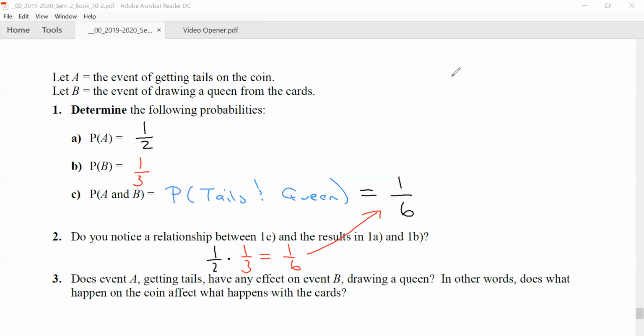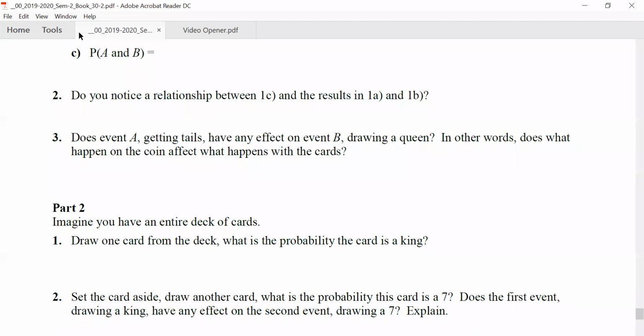Okay. Number 3. Does event A have an effect on event B? Does what happened on the coin affect what happens on the card? No. They are independent of each other. It has no effect. Drawing a card and flipping a coin have no effect on each other.